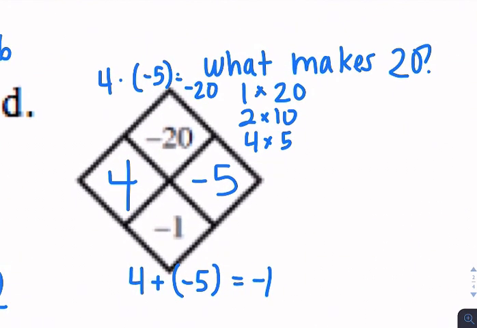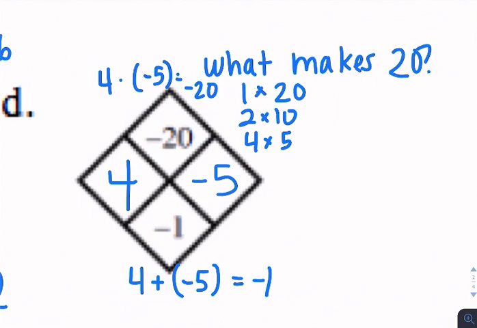And the last one, this was the trickiest one because they gave you the sum and the product, but they didn't give you any of the numbers that you're using. So what I started with is what numbers multiply to make 20. So I said 1 times 20, and I knew that one of them has to be negative because my product is negative.